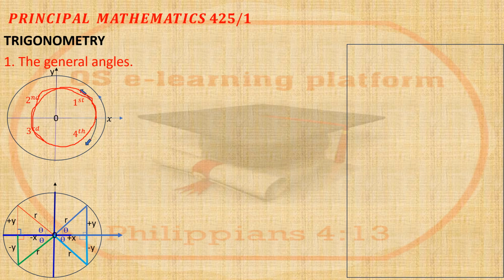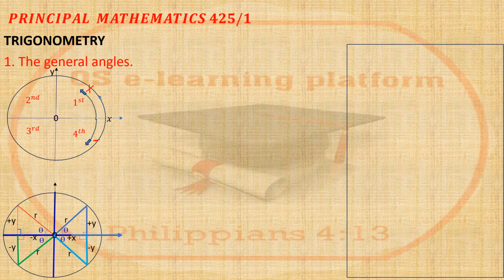Then if it is clockwise, then that angle is what? Negative. Clockwise is negative. So we measure angles from the positive x-axis. I repeat, if you're taking a direction of anti-clockwise, then that angle must be positive, and if clockwise, that angle must be negative.